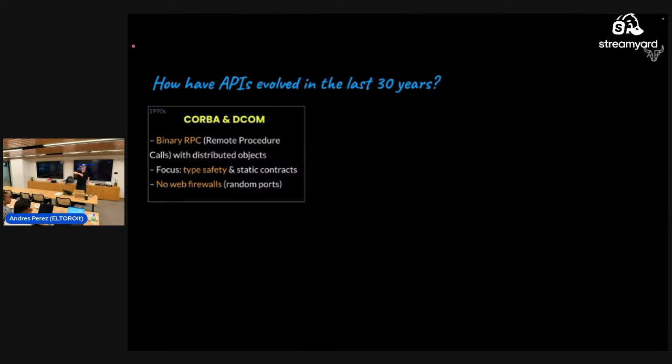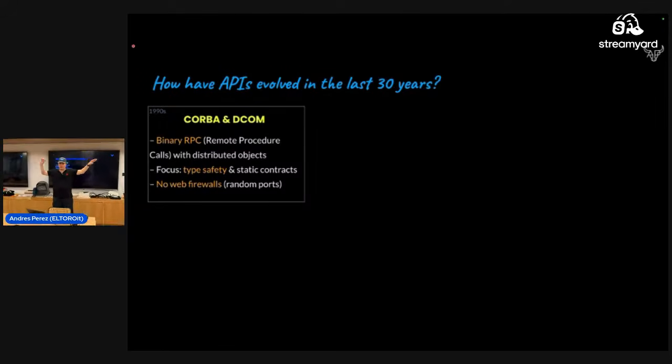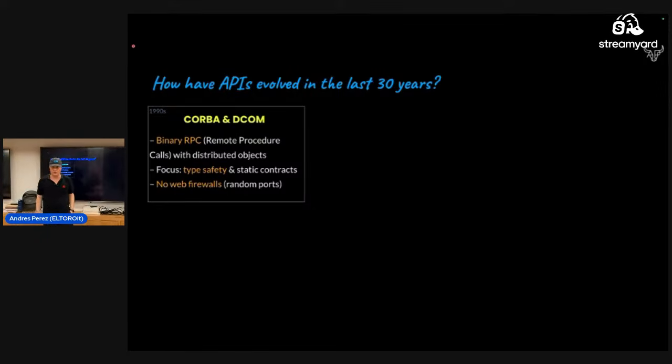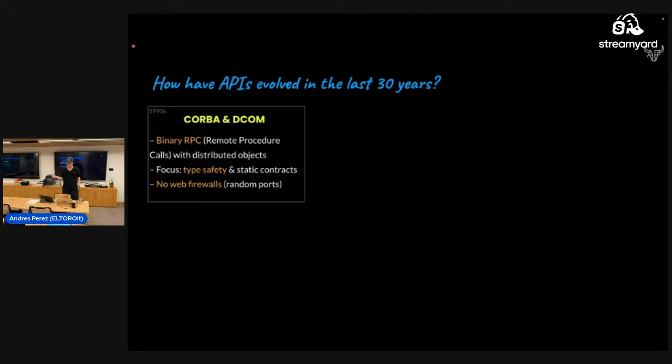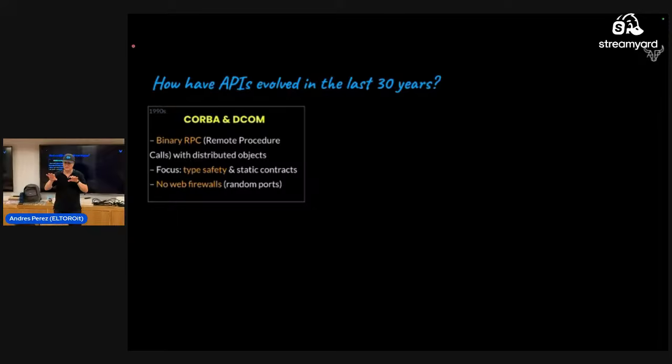So if you wanted to communicate between two different systems, you had to do it with something called Corba. One thing it allowed you to do for remote procedure calls was a connection that was very strict.